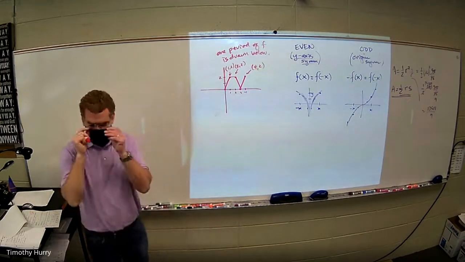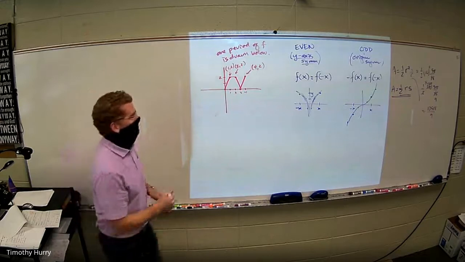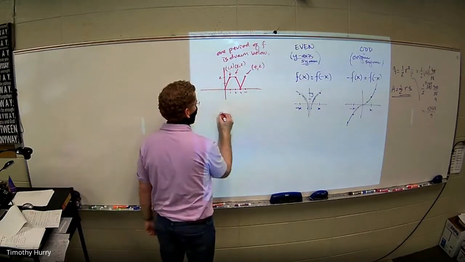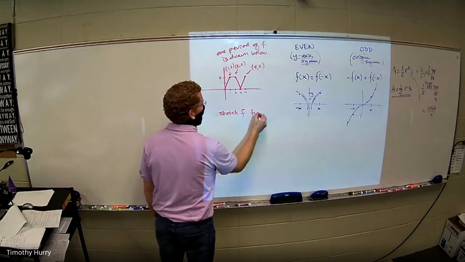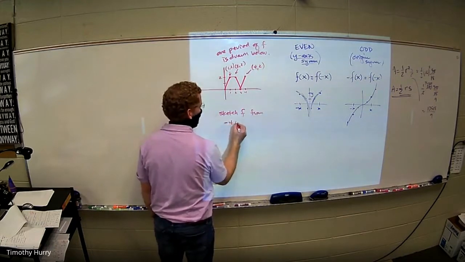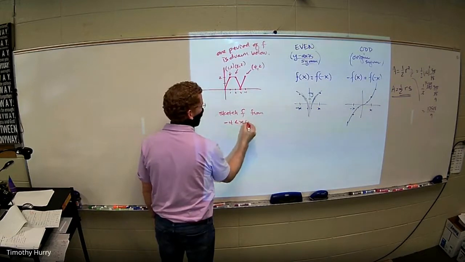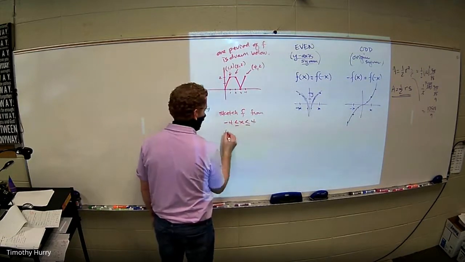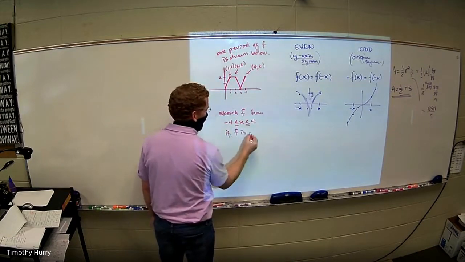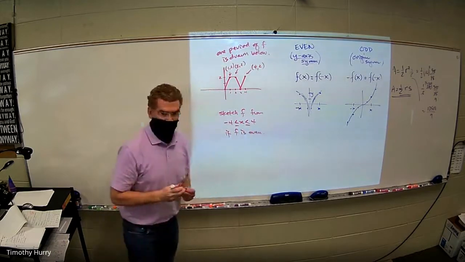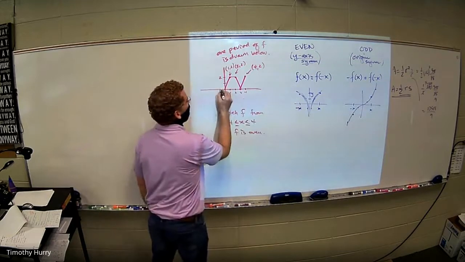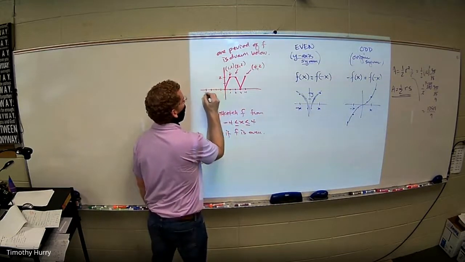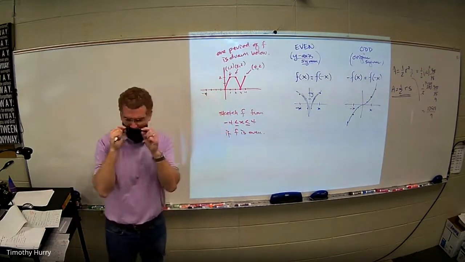So what if I gave you that, or the book gives you that picture, and they said, sketch f from -4 to 4 if f is even. Okay, so -4 to 4. Here's your 4. There's your -4. What do I do if it's even?